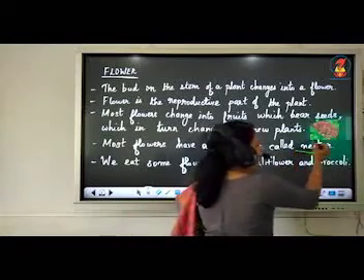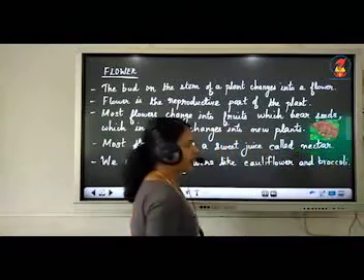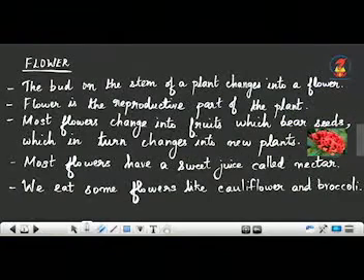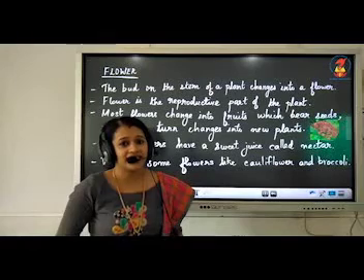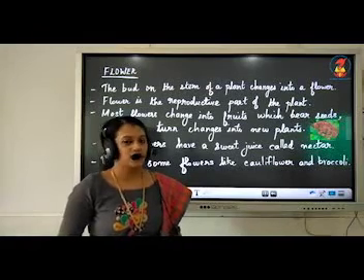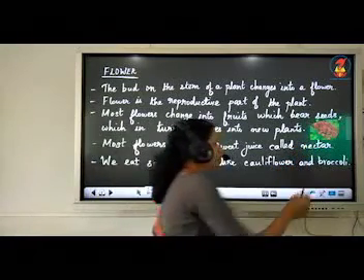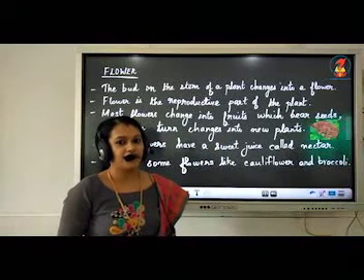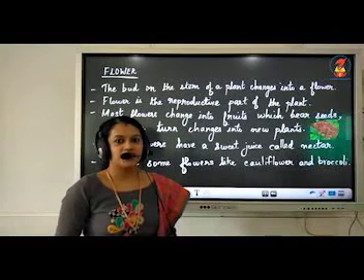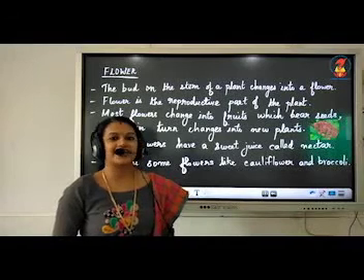So here I have given the picture of a flower. I think most of you must have seen this flower. Some of you might be having it at your house. Those who have this flower at your house, just try drinking the nectar from that flower. Just try plucking the flower and just sip on it.